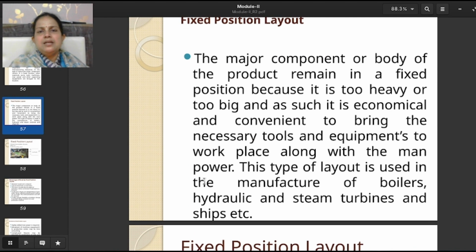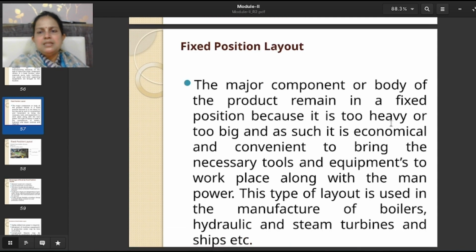In fixed position layout, the major component or body of the product remains in a fixed position. Because it is too heavy or too big, it is economical and convenient to bring the necessary tools and equipment to the workplace.